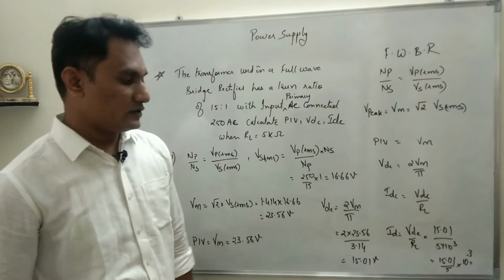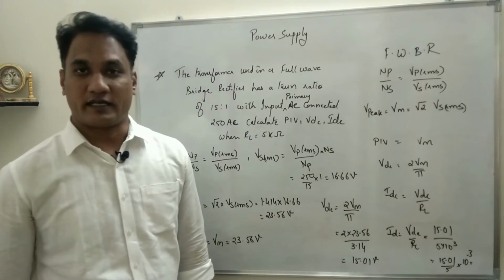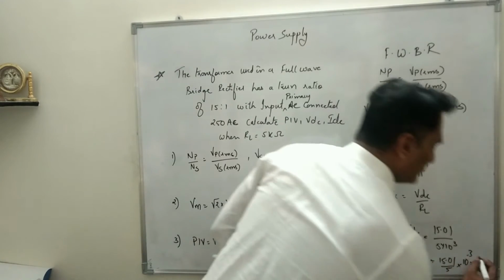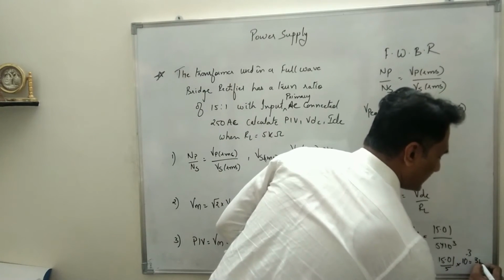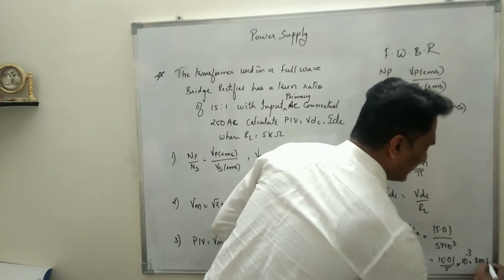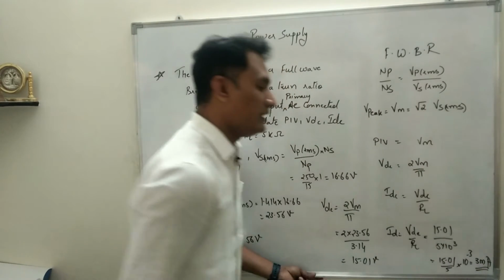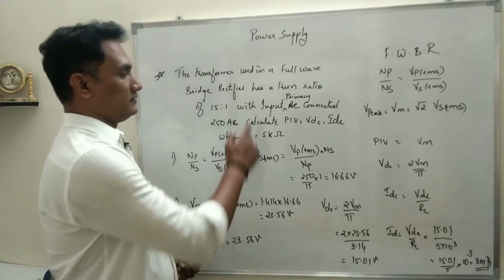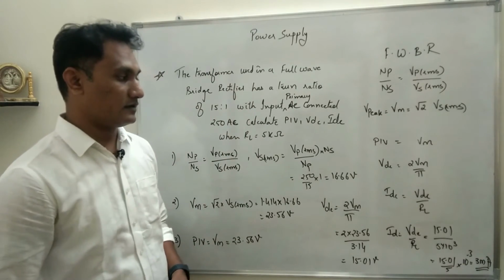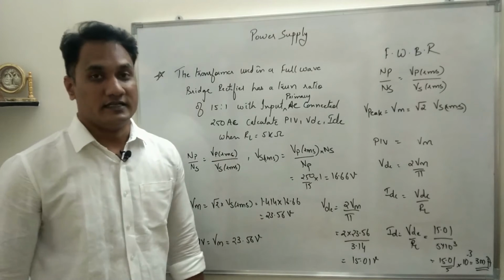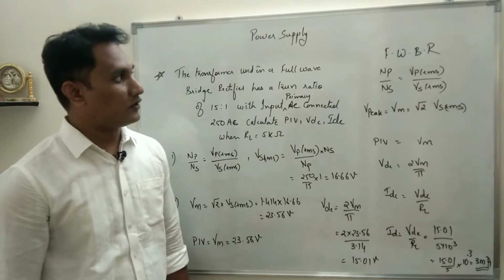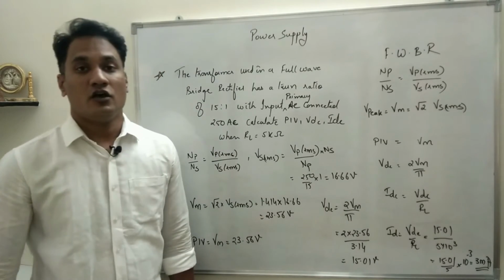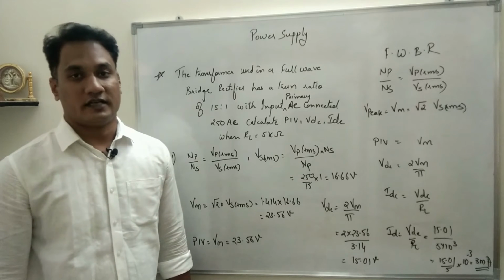So 15.01 divided by 5, approximately you can calculate it as 3. So it will be 3, and 10 to the power minus 3 is milli, and unit of current is ampere. So answer will be 3 milliampere for this particular design of rectifier. So this is the formula, this is the problem based on full wave bridge rectifier.